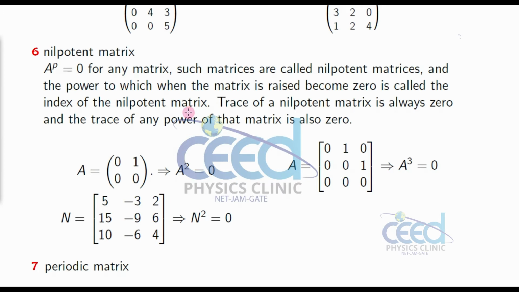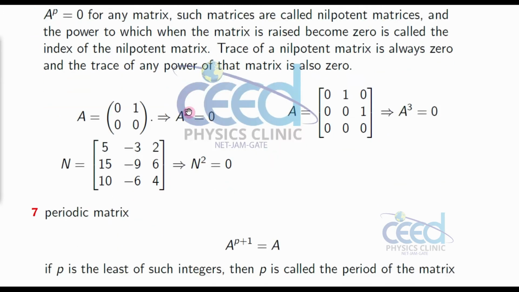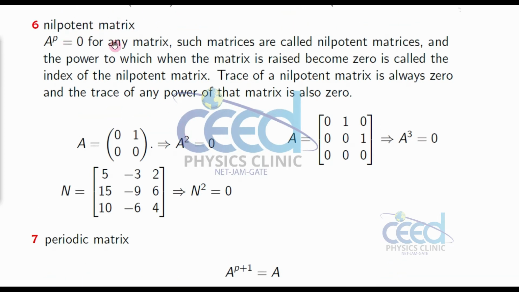Another interesting property is, if you have a nilpotent matrix, the trace of such a matrix is always 0. What is trace? Trace is the sum of the diagonal elements, which we will discuss after this. Suppose you have a matrix like this, what is the trace of this matrix?